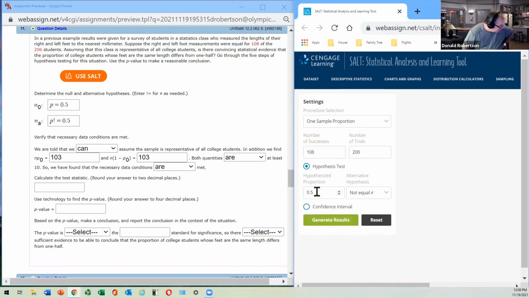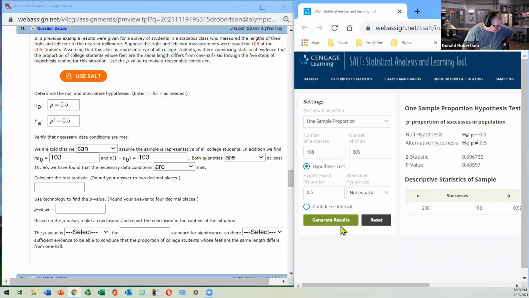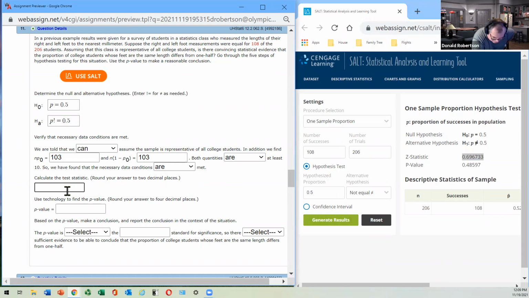And the hypothesis test is 0.5 and not equal to. And so I should be able to just go generate results. And there's our null and alternate hypothesis. There's the statistic that they're asking for, the z-score.